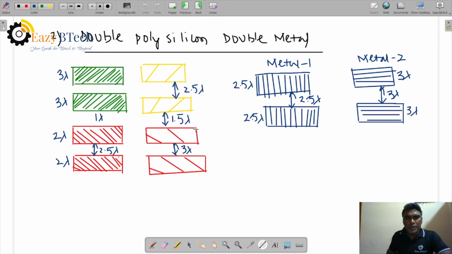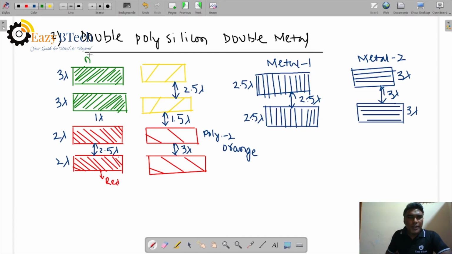So this is poly 2, right? Polysilicon 2, poly 2 is orange color. This is orange color representation. Anyhow, this one is a red color.